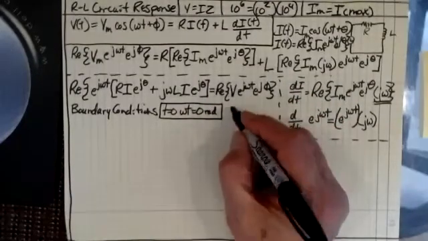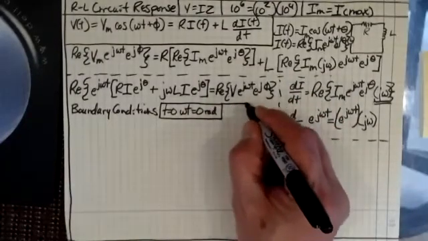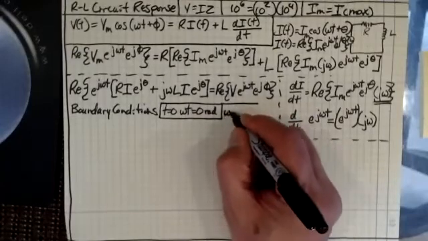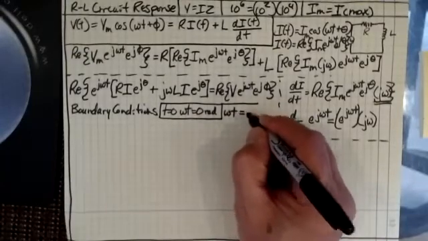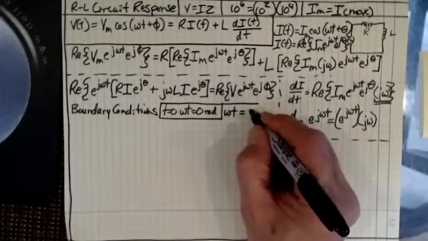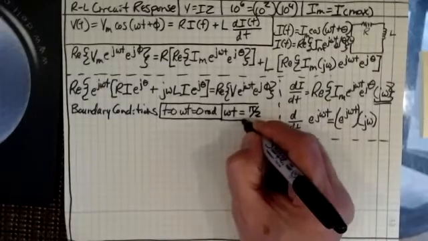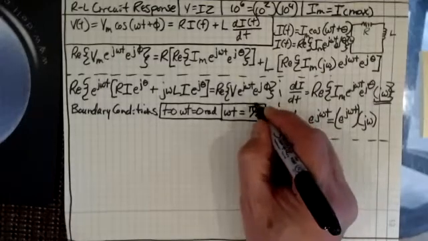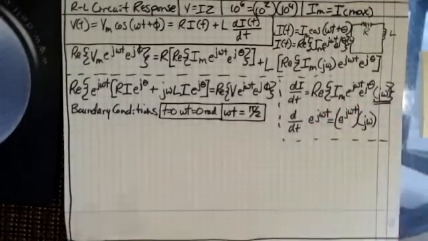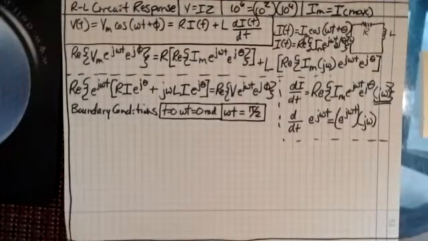Now, I also want to look at when omega t equals 90 degrees, which in radians we know is pi over 2, right? So those are the two different things I want to look at, and I want to see what happens.